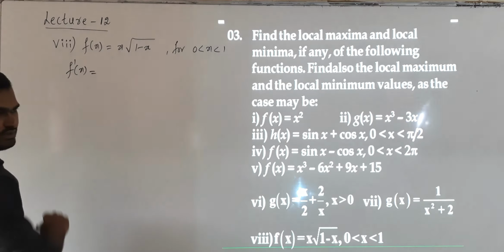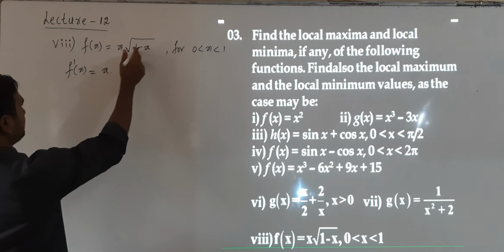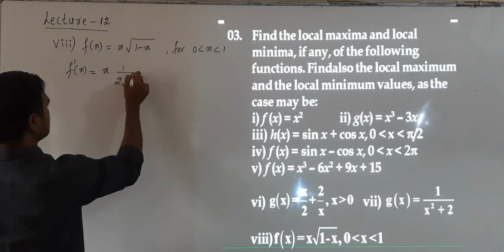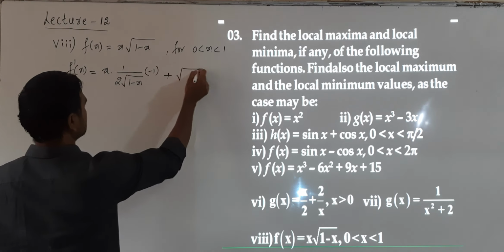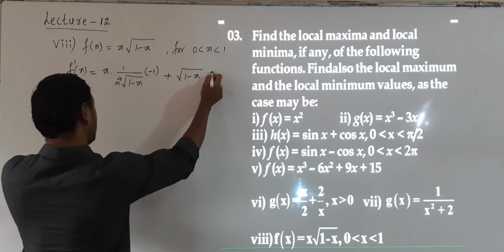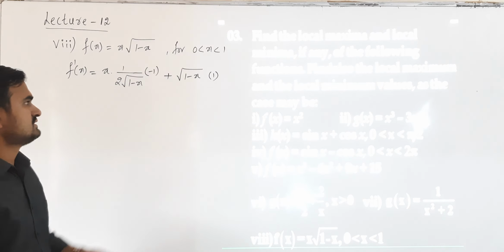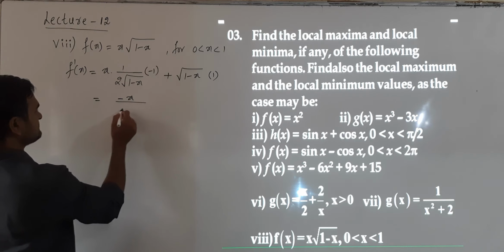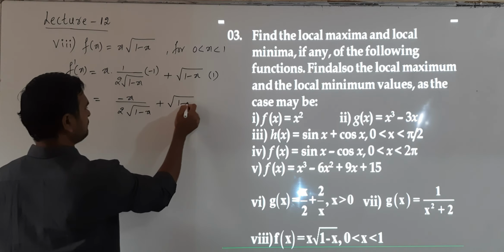We apply the product rule. First into derivative of second is 1 by 2 root 1 minus x into derivative of 1 minus x, which is minus, plus square root of 1 minus x into derivative of x, which is 1. Okay, simplify. It is minus x by 2 root 1 minus x plus root of 1 minus x.